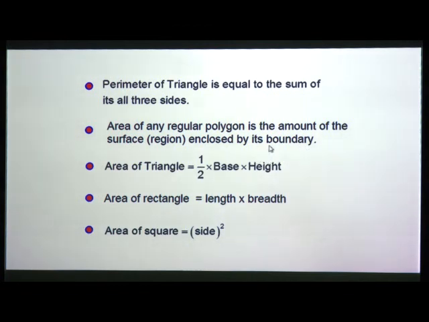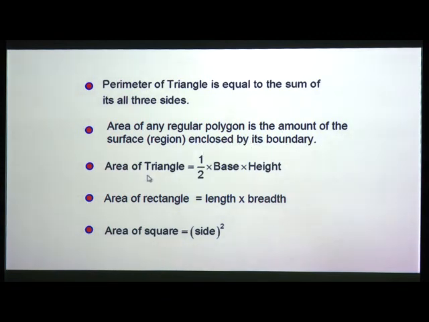Enclosed by its boundary means enclosed by its outer border. It is the place occupied by it, enclosed by its boundary.